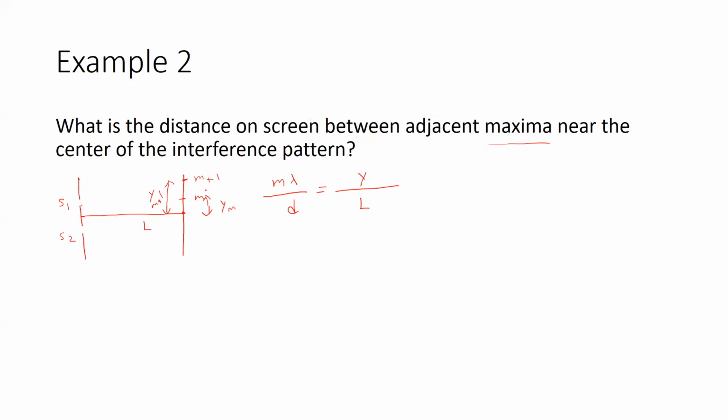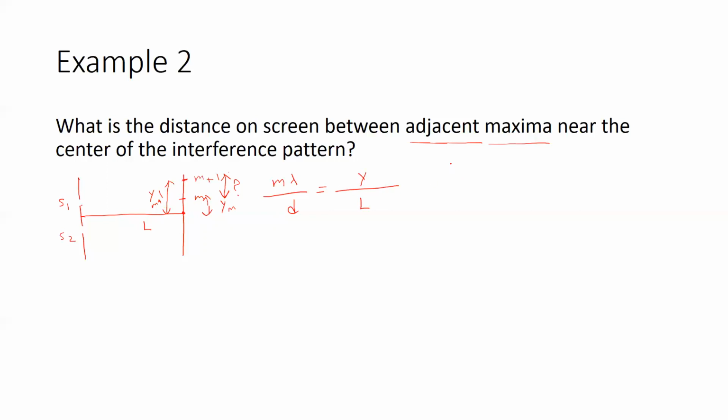Right now, what's the distance on the screen between adjacent maxima? The question asks for this part between two adjacent maxima. We don't have any formula to calculate this directly, but we have the formula to find Y M plus 1 and Y M. I'm saying Y M plus 1 and Y M because they say adjacent maxima. So if one is Y M, the other is Y M plus 1, and I write the equation for every single one.